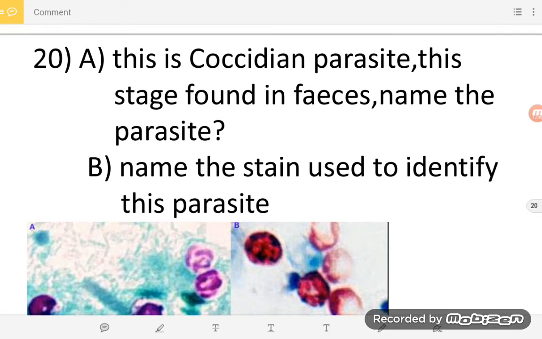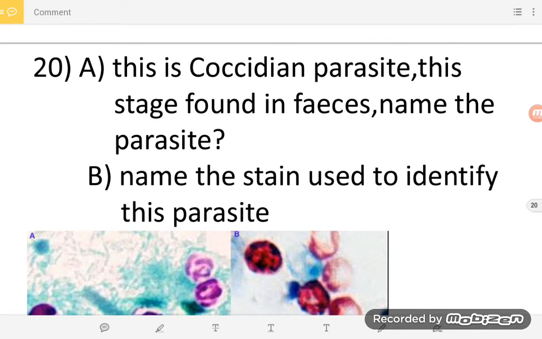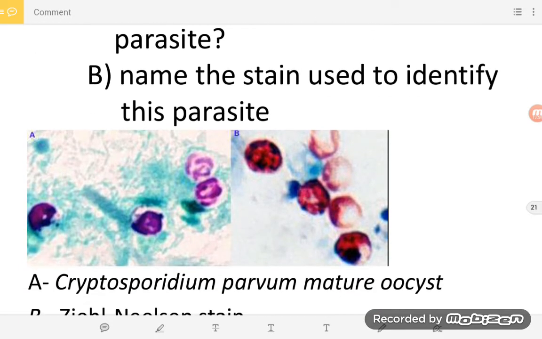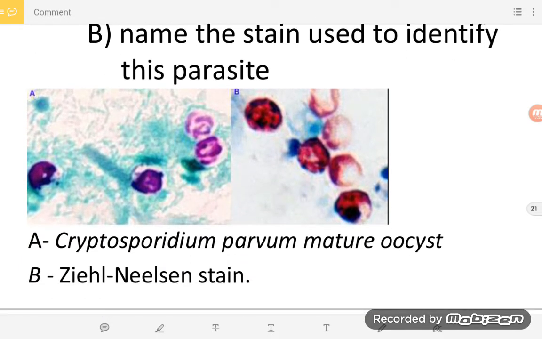Then this is a coccidian parasite. This stage is found in the feces. Name the parasite, and name the stain used to identify it. This is Cryptosporidium parvum mature oocyst. Normally, using saline and iodine wet mount, we cannot identify the Cryptosporidium parvum oocyst because the size is small and it is acid fast. So by using a normal stain we cannot identify it, and we have to use a special stain.